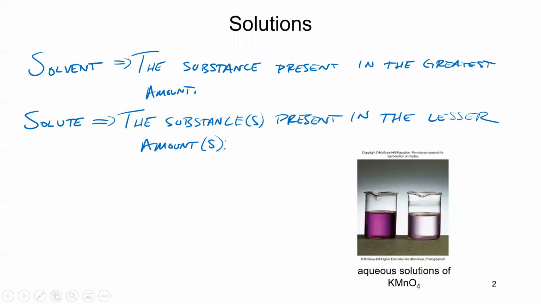Right. So the substance present in the greatest amount is the solvent. Substances present in the lesser amounts are solutes. And again, we can have a solution that has more than one solute. Like our sweet tea example, we have the sugar, but we also have whatever has dissolved from the tea, those polyphenol compounds and all the good colors that we get from the tea.